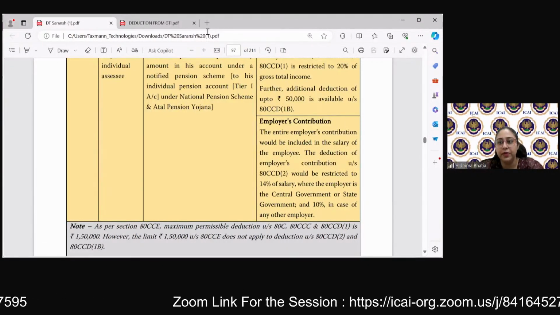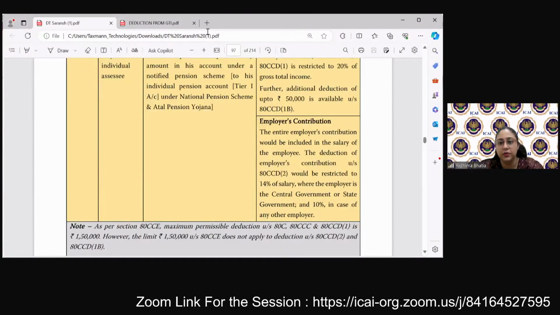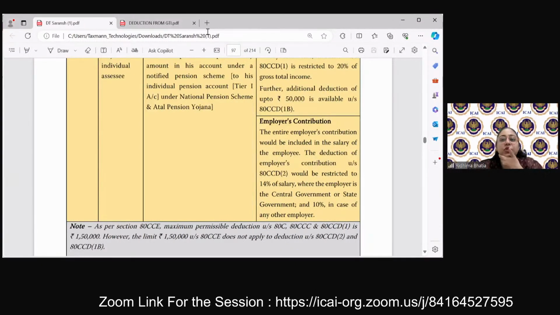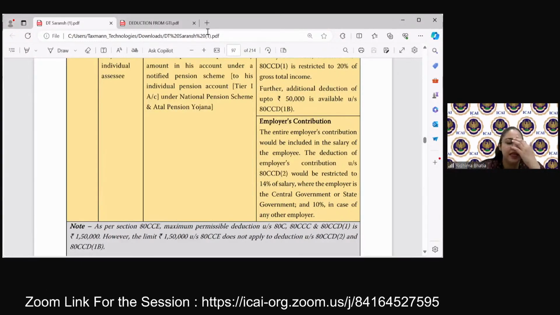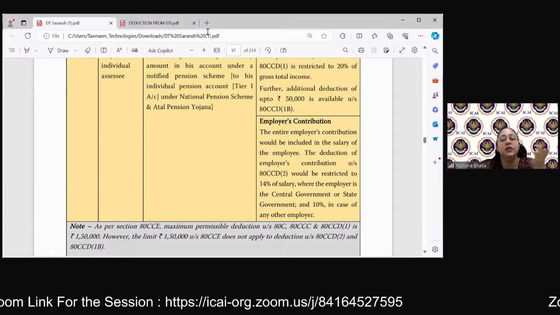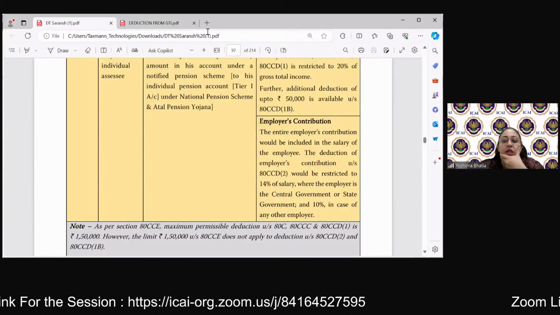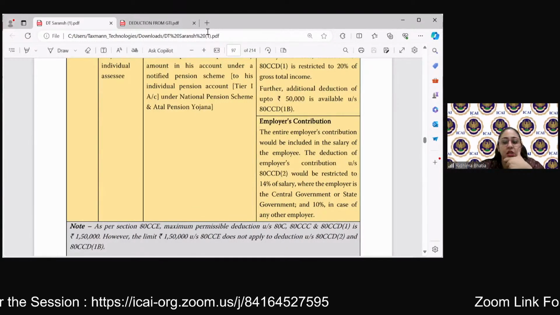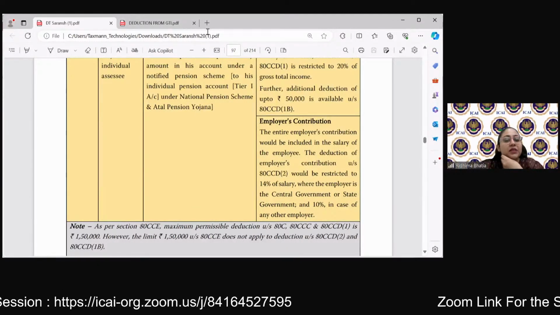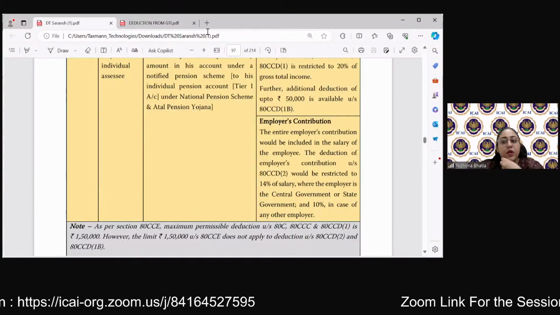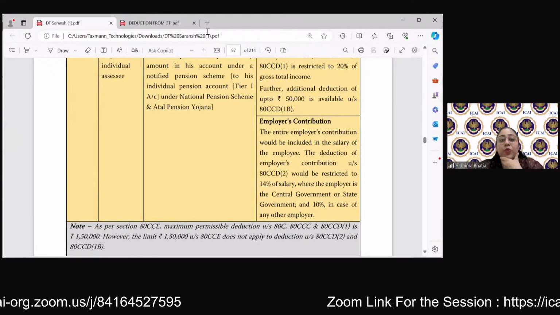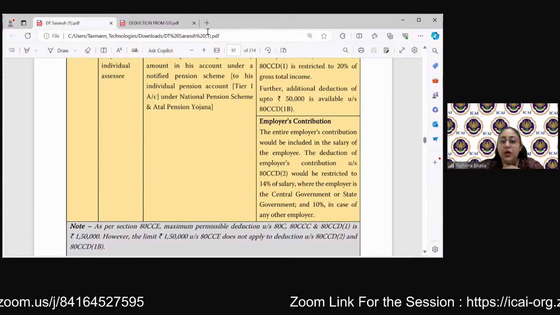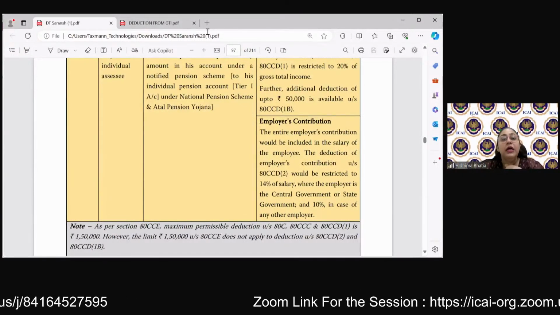Unit linked insurance plan, Preeti. Yes, you can say maximum reduction can be 2 lakhs for NPS if there is no 80C and 80CCE, 80CCC, then you can say maximum reduction is 1 lakh 50 plus 50. In the new scheme, 80CCD subsection 2, which is employer contribution, that is allowed. Assessee's contribution is not allowed.